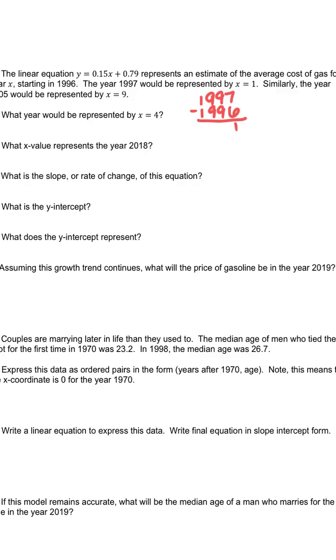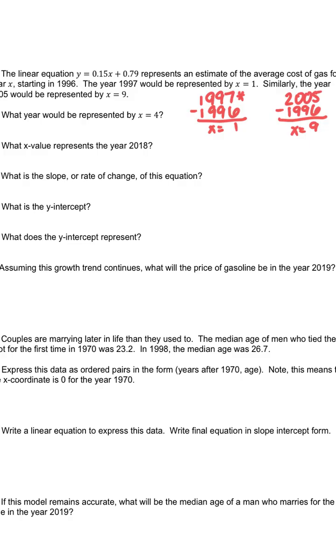So that's where we get x equals 1 for the year 1997. Now, what about the year 2005? Let's try that. 2005 minus 1996 would give us 9. So similarly, the year 2005 would be represented by x equals 9.